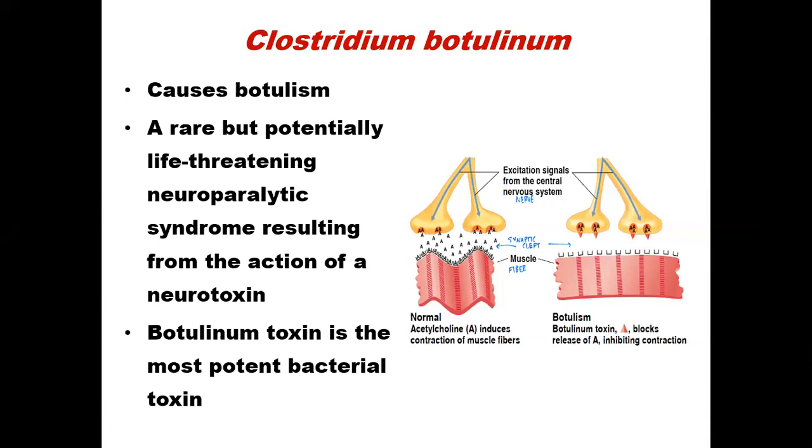The botulinum toxin inhibits the release of the acetylcholine, thus inhibiting contraction. So when you have botulism, you can have progressive paralysis that may eventually involve the respiratory muscles. As a result, it is a life-threatening condition.